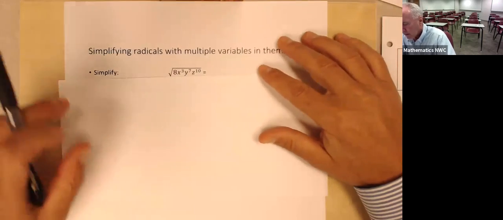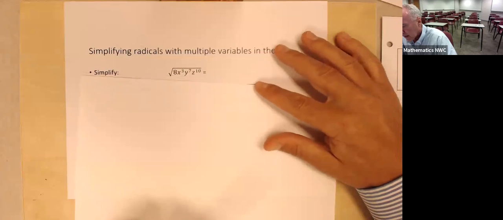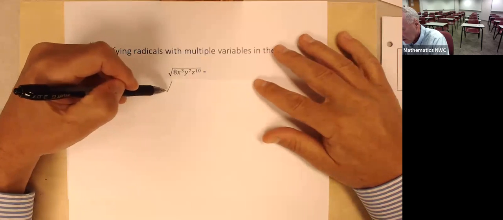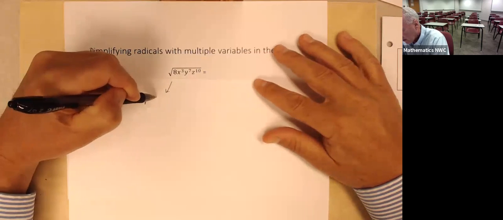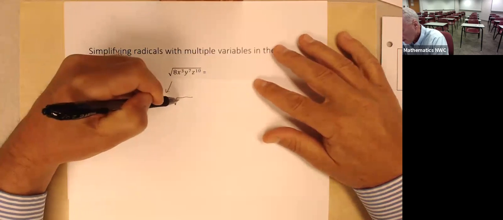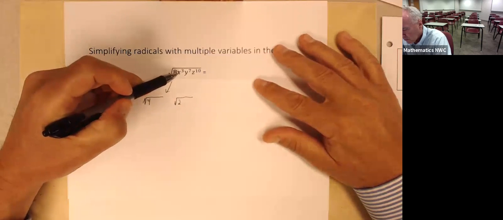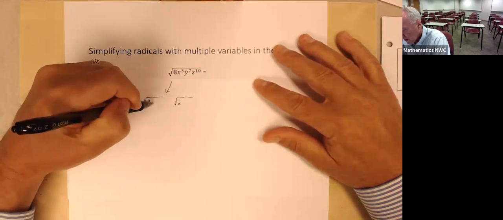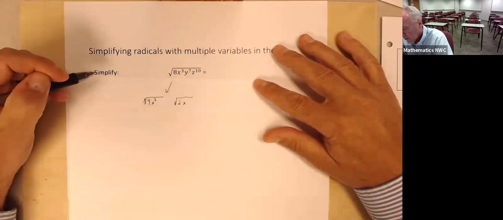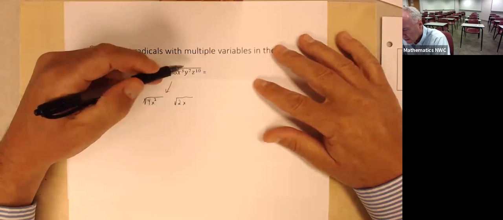Taking that at a little bit more advanced level, in this particular example, I need to take the radical 8 and I'm breaking it apart into a 4 and a 2. I need to pull out a perfect square from x cubed. It would be x squared, and I got 1x left over. I need to pull out a perfect square of y to the 7th.